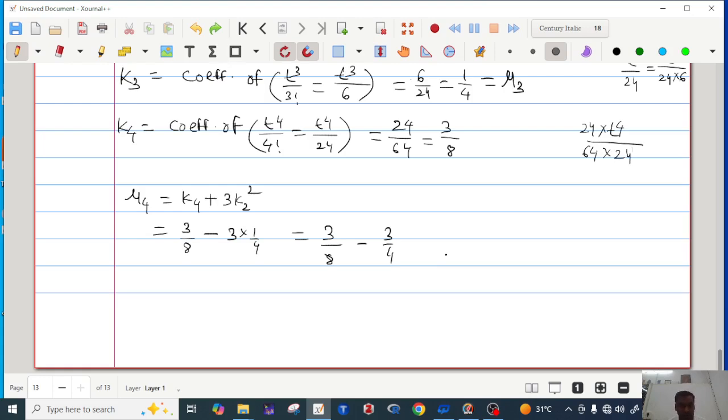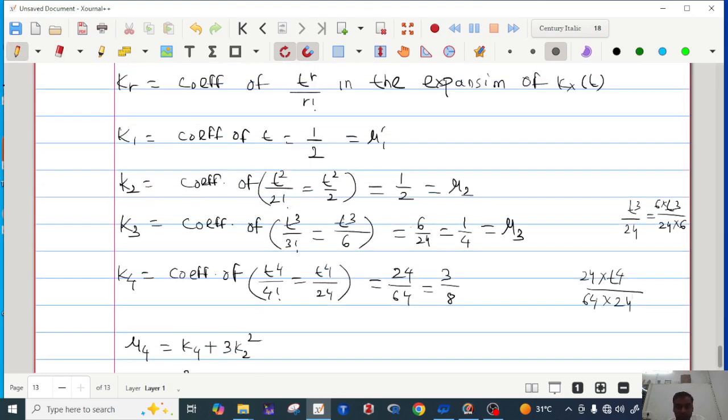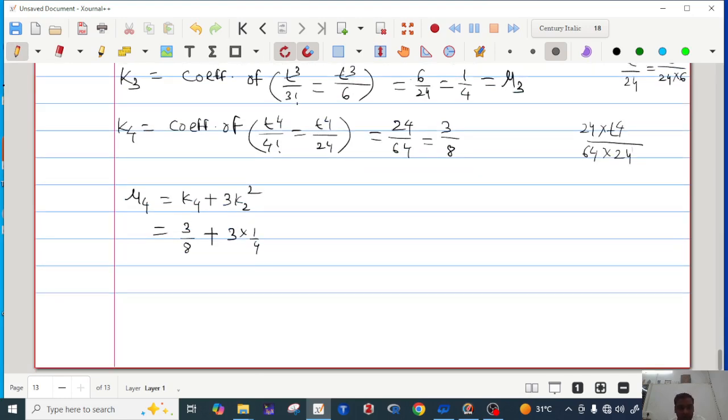K2 means mu2. Mu2 is 1/2, 1/2 square is 1/4, so 3/8 plus 3/4.